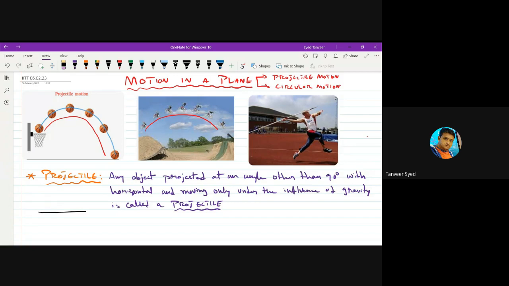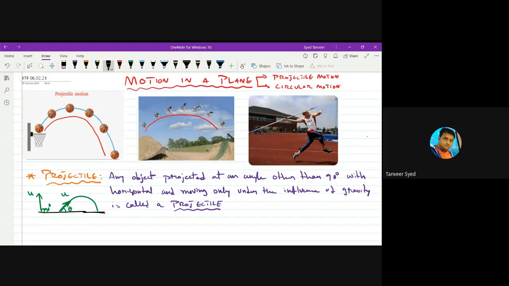But if you throw the same body at an angle other than 90°, let us say 30°, 60°, 45°, some angle theta with horizontal, then the path followed by this body will be like this. It will not go straight up and come straight down.